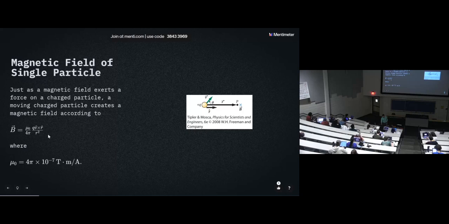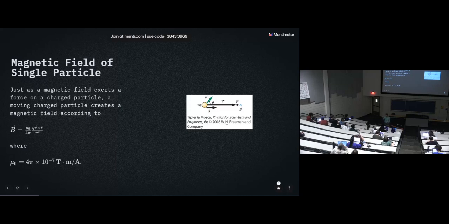And then r squared is the distance between the charged particle and the point that you're measuring, that distance squared. So it's very similar to Coulomb's law for the electric field of a charge. The only problem is you've got this cross product in here.